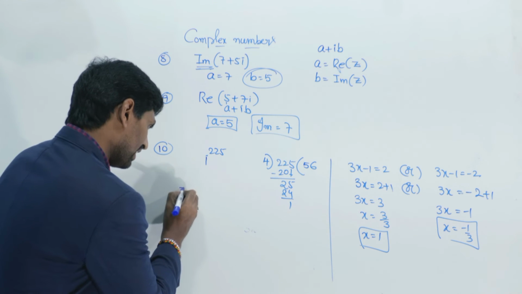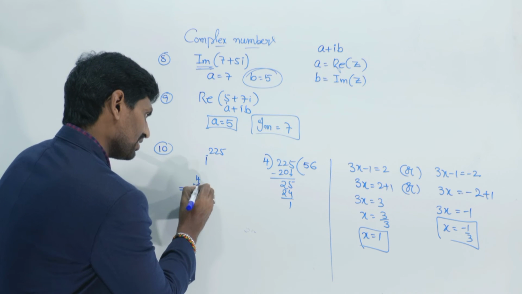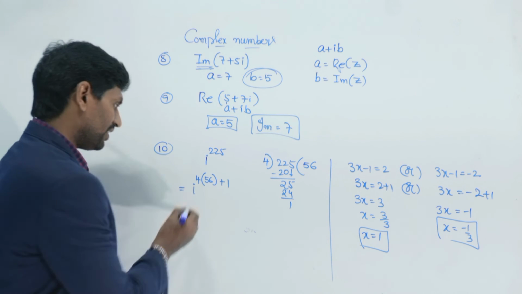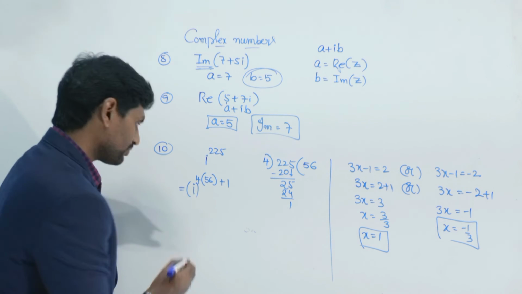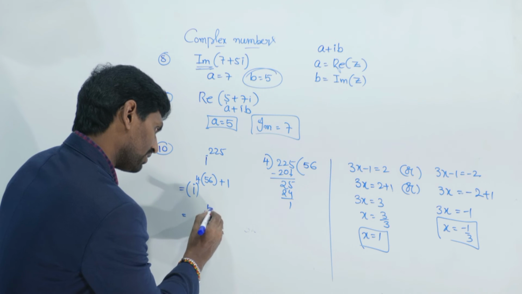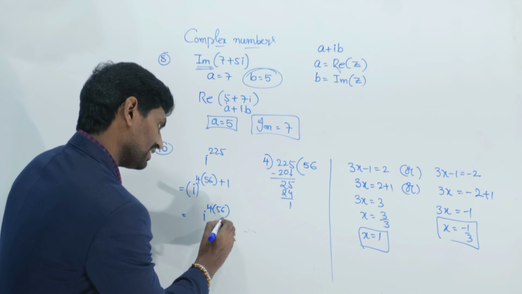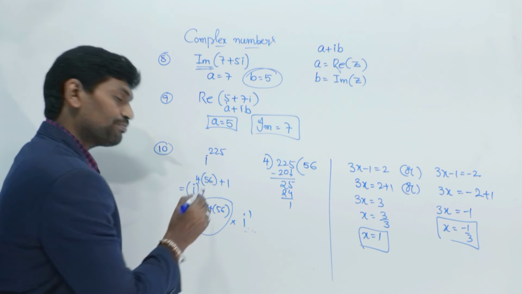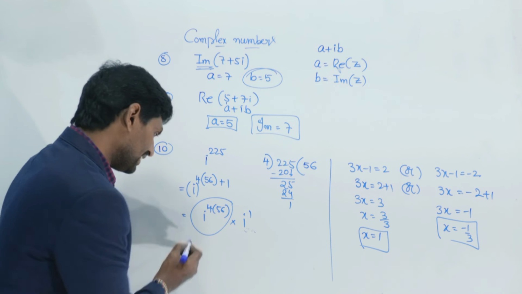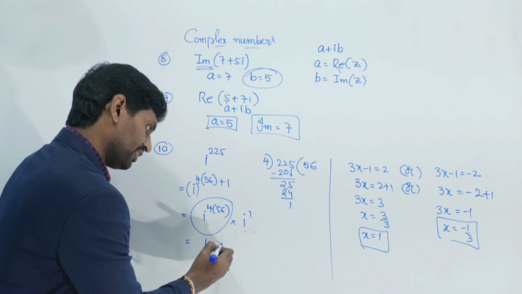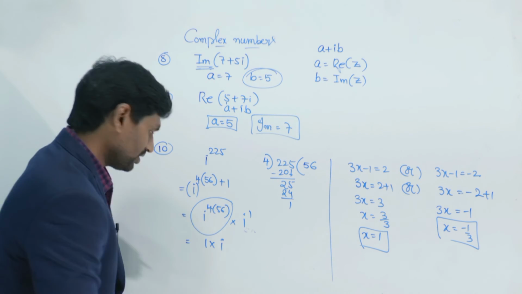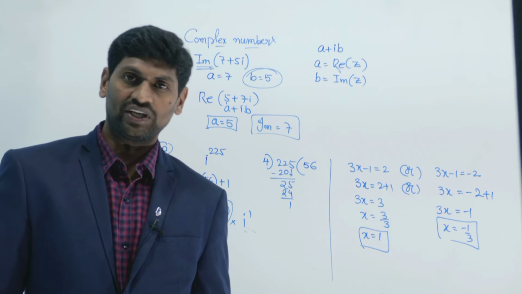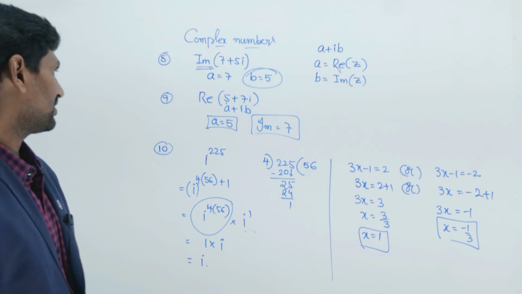That means we can write 225 as 4 into 56 plus 1. i power 4 into 56 plus 1 is i power 4 into 56 times i power 1. i power 4 multiples is nothing but 1. 1 into i power 1, the value is i only. So 1 into i is i. This is the answer.